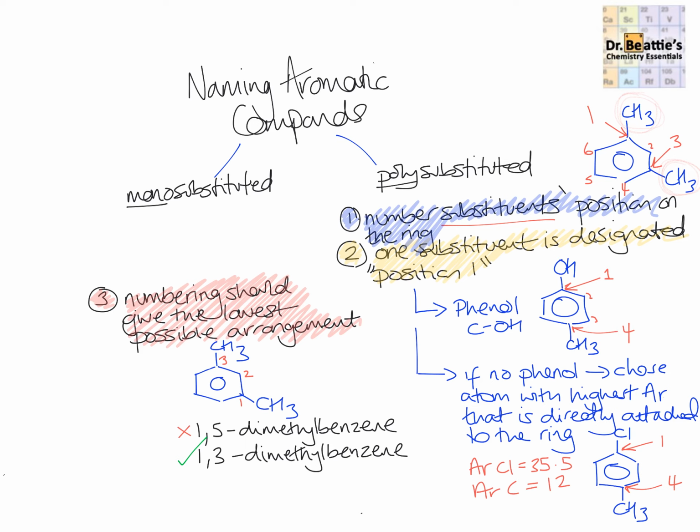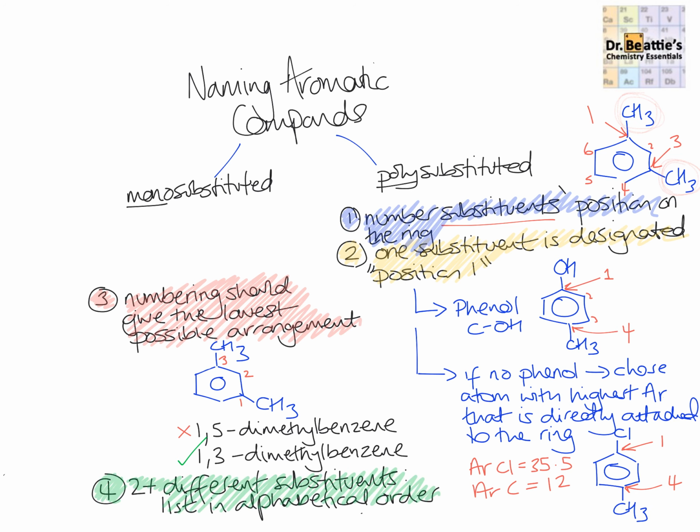The final thing to take into consideration is that if you have two or more different substituents, then you need to list them in alphabetical order, irrespective of whether this alphabetical order will give you a set of numbers that go from high to low. So let's have a look at an example to show this in action.